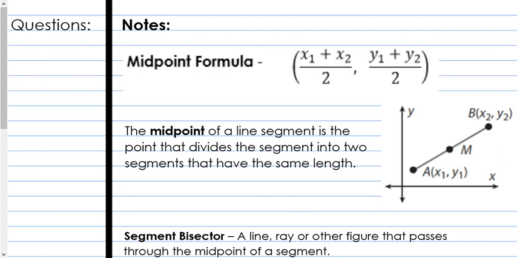This is one of those formulas that you're going to have to know. It's not going to be provided for you. If I'm finding the middle of the x-coordinates, I add the x-coordinates together and cut them in half. If I'm finding the halfway point of the y-coordinates, add them together, cut them in half.